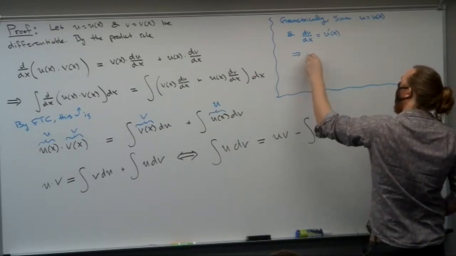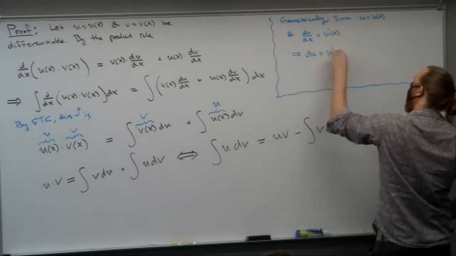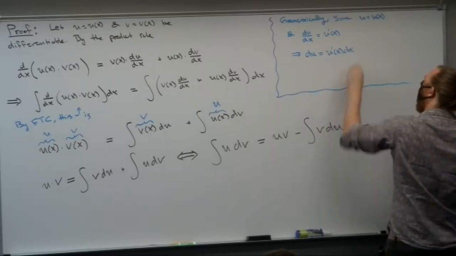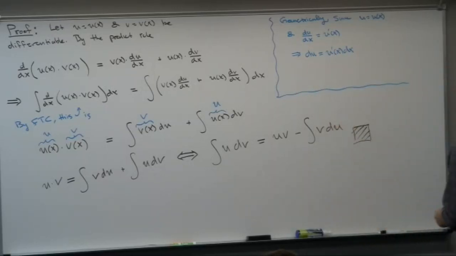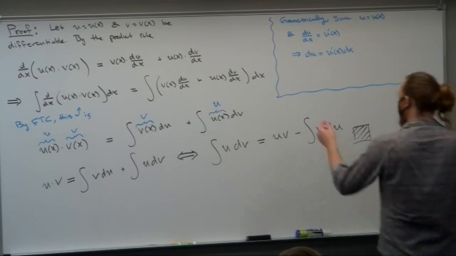We learn that du is u primed of x dx. So when I write du, it's a shorthand for u primed of x dx. Sorry, go ahead. But it isn't u du, it's u dv and v du. Right. Does that change things?